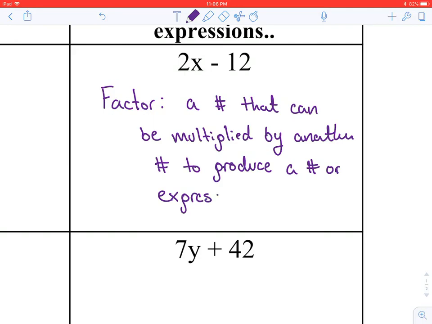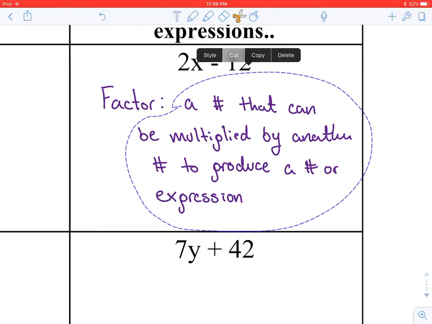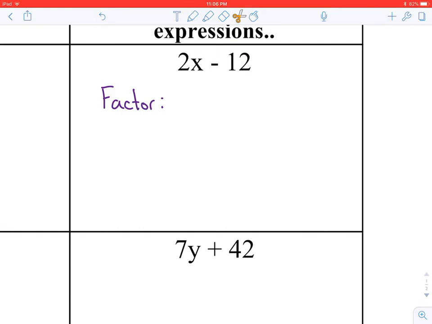That seems like a pretty long definition, so I'm going to break it up into something a little more simple. We can define a factor as one of the numbers that can multiply by another number to equal a certain number. That didn't really break it up too much, but let's do an example.